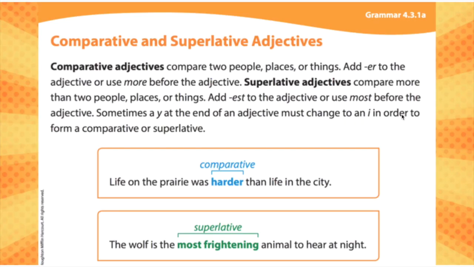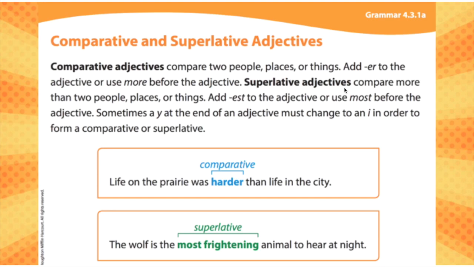All right. So this is what we've been doing, and we've been touching on comparative and superlative adjectives. Comparative is going to compare 2 people, places, or things. We're either going to add ER to those adjectives that are 1 or 2 syllables. If they're more than 2 syllables, we're going to add the word more before that adjective. Superlative adjectives, we said, compare more than 2 people, places, or things.